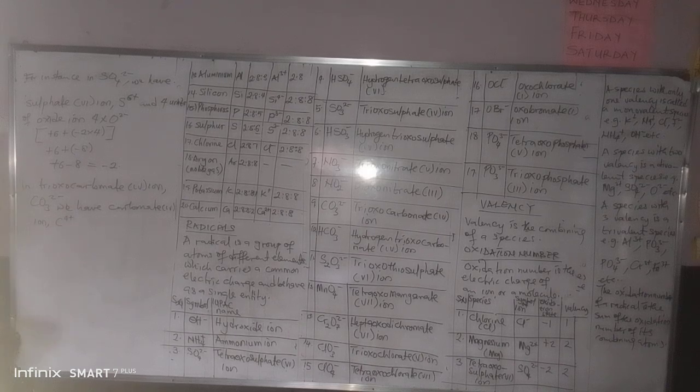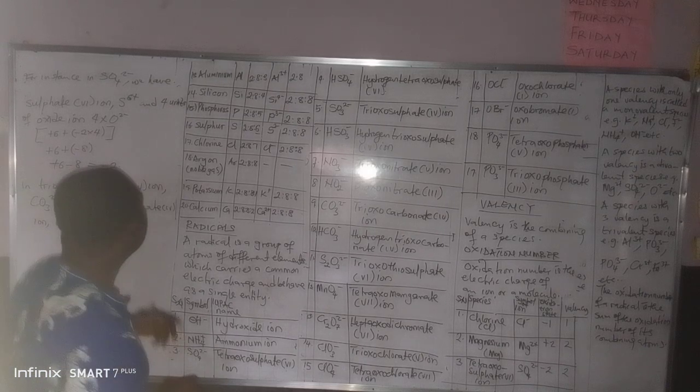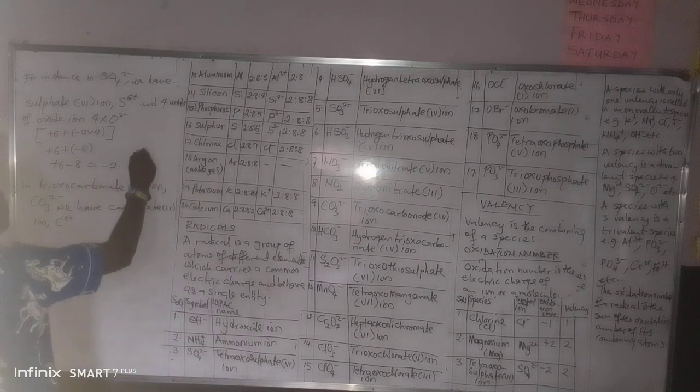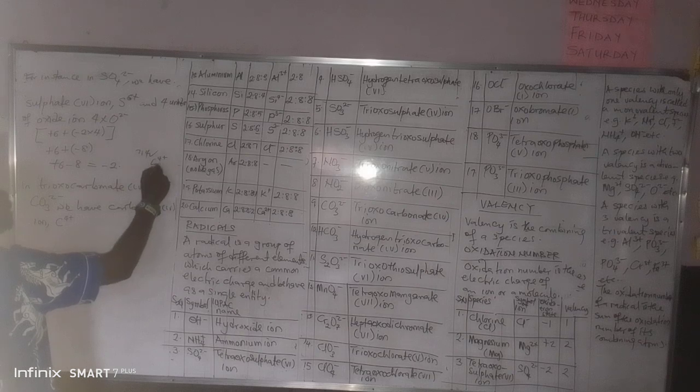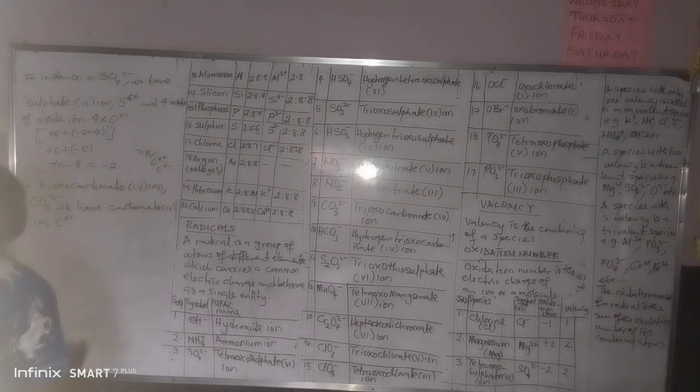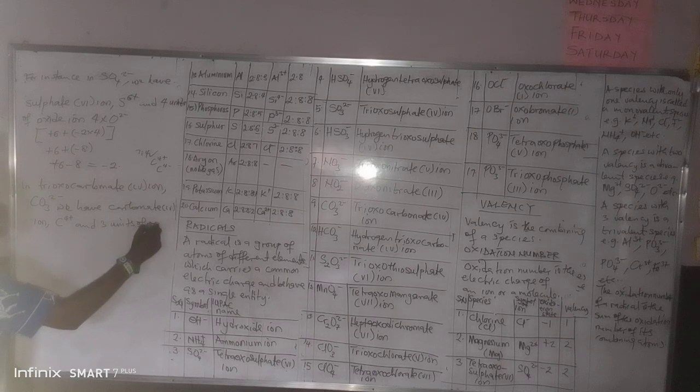You know, carbon can also decide to lose this 4 and form C4 plus. It can also form C4 minus. So here now is this, and we have 3 units of oxide ion combining together.